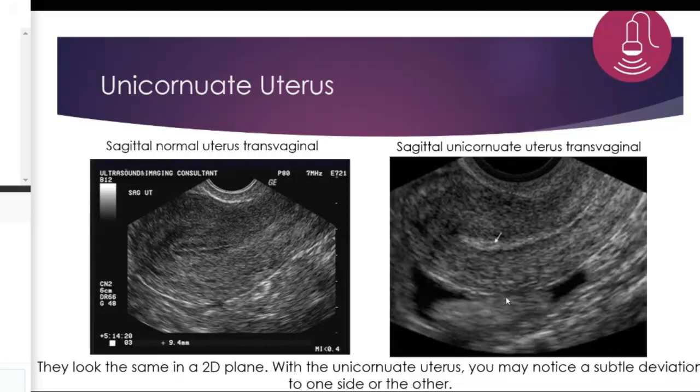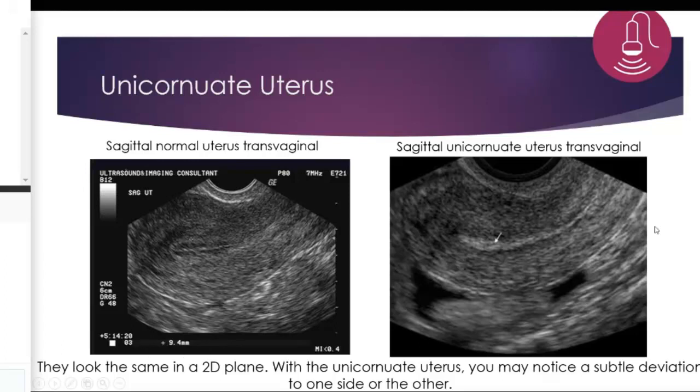So we're going to look at some ultrasound images of a unicorn uterus. So sagittal, transvaginal ultrasounds. So they look the same in a 2D plane as a normal uterus in the sagittal position. If you were looking at this image here and this image here, they look the same.